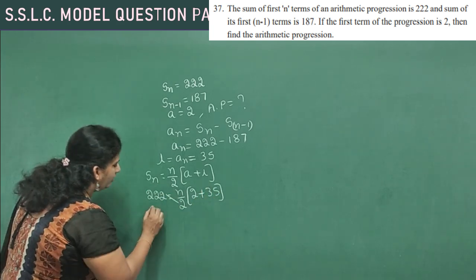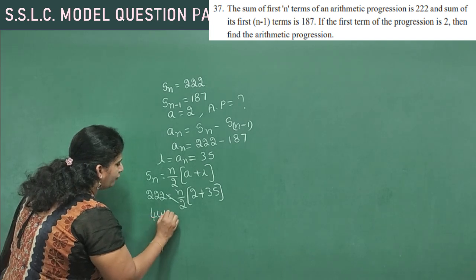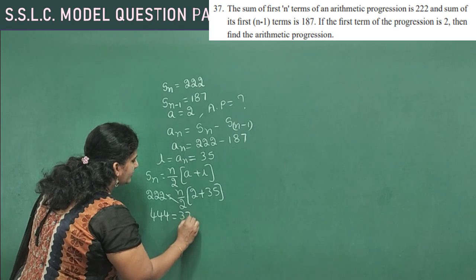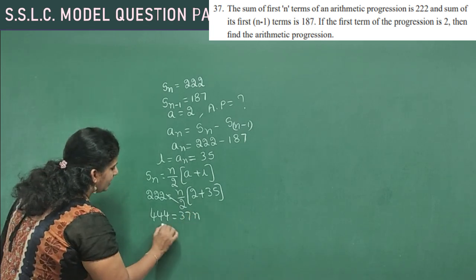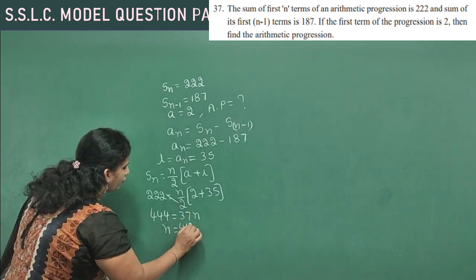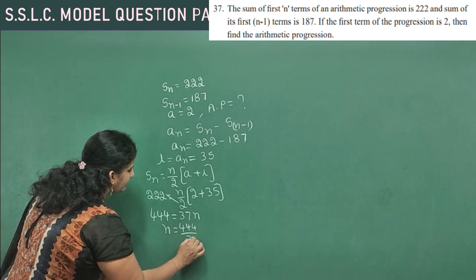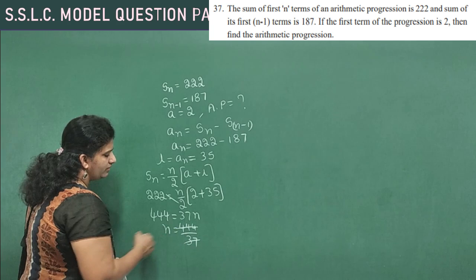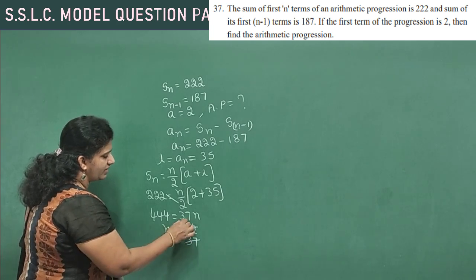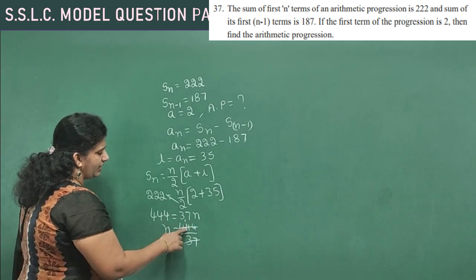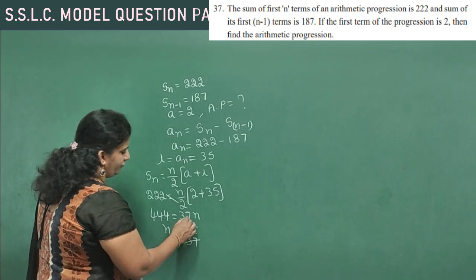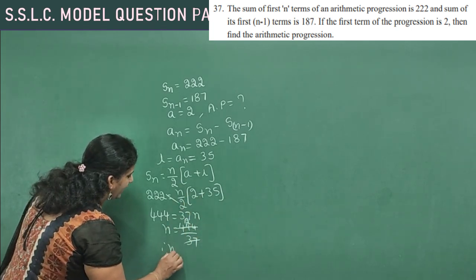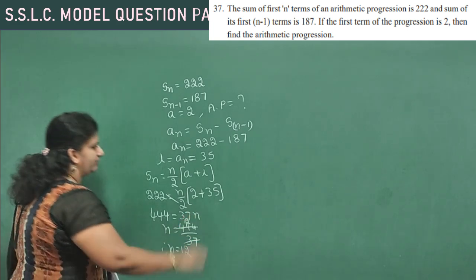Send this 2 here. That is 444 is equal to 35 plus 2, which is 37n. And again n is equal to 444 by 37. Let's try to cancel. 37 ones are 37, and here it will be 74. 37 twos are 74. Therefore n is equal to 12.